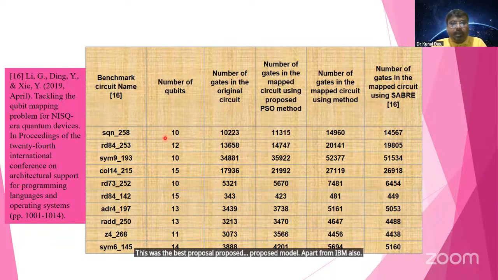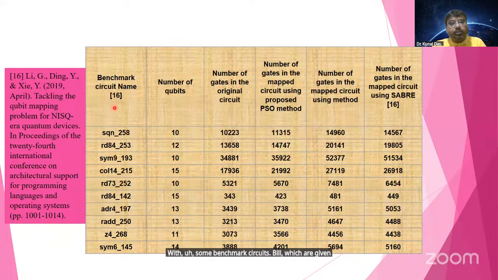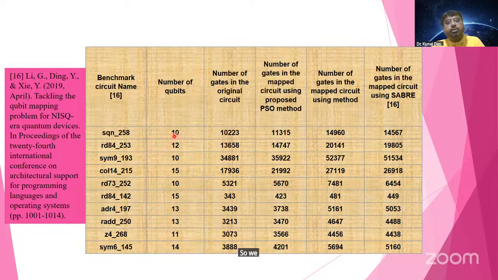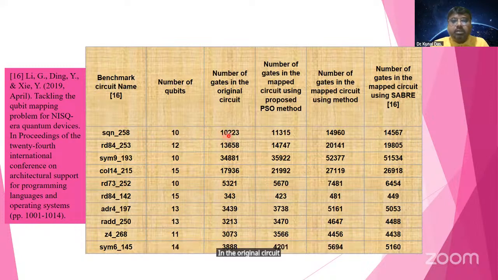So we have compared with this problem also with some benchmark circuits, which are given in a 16 also. We worked with that also, and in that case we found that the number of gates in the original circuit is 10,223.